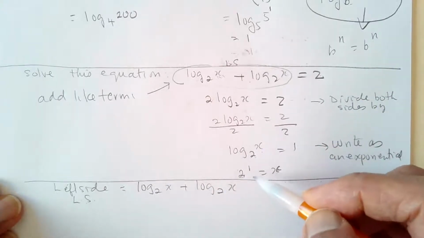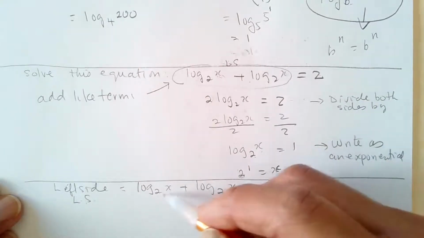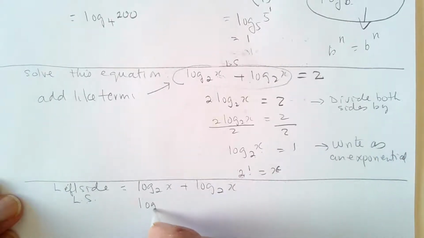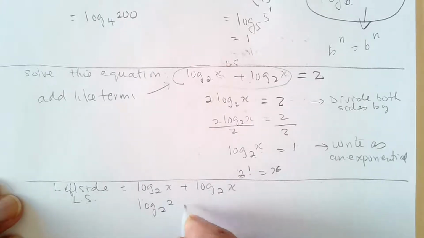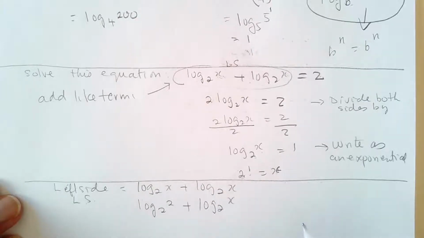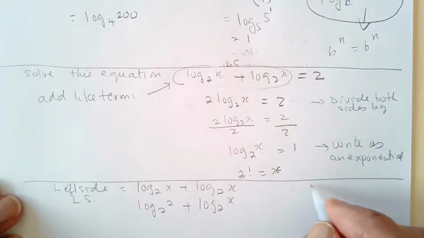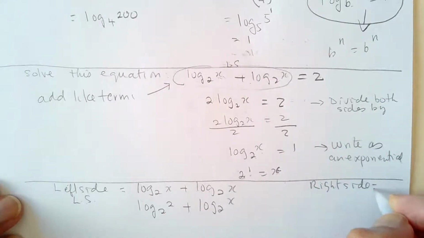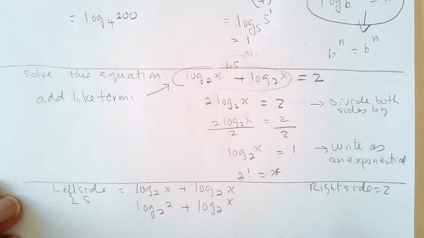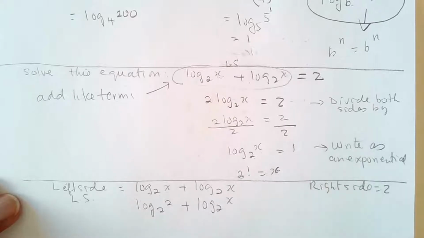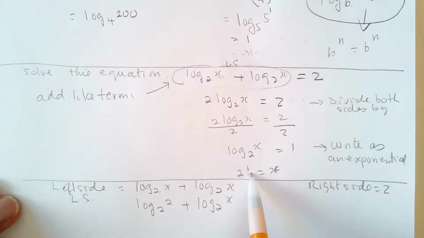I'll replace the x with 2. Now I substitute that, so we have log base 2 of 2 plus log base 2 of 2. Now we know the right side here is equal to 2. So we want to make sure the left side is equal to 2, and then it will prove or test our answer.